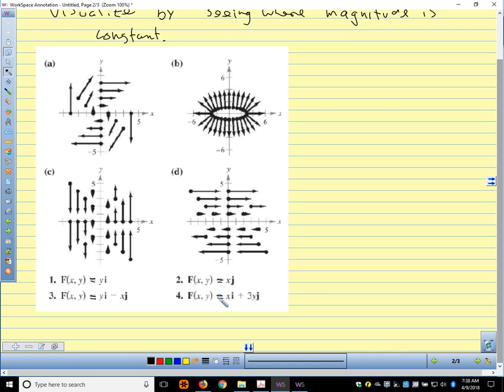All right, so number one, we have our vector field F of x, y is y i hat. So we could look at where the magnitude is constant. This one's a little easier. What's the only direction this vector points in? Yeah, it points in the x direction, and its magnitude is proportional to y. So which one is that going to be?